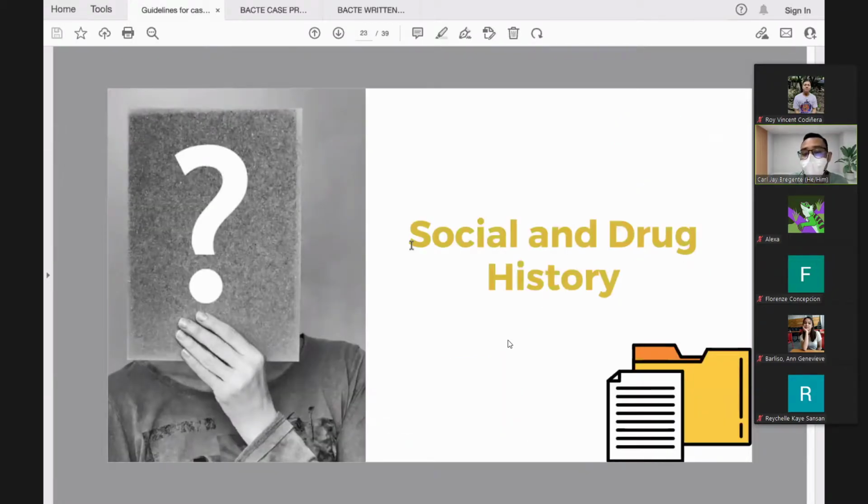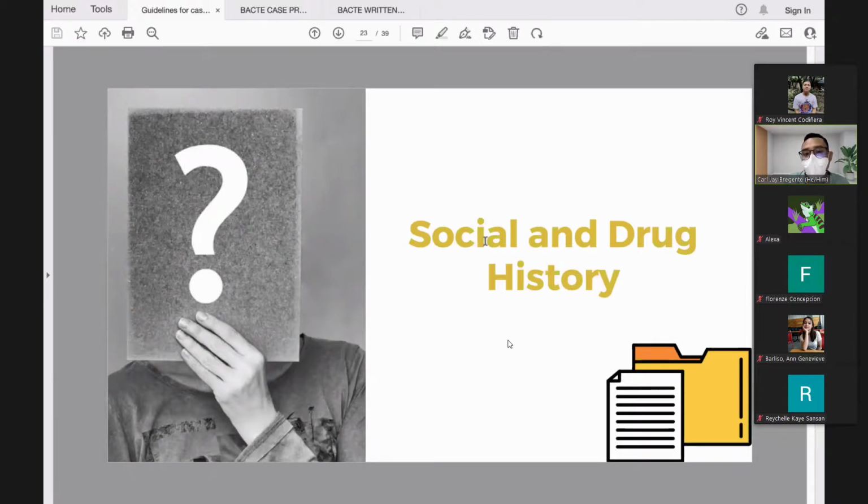Social and drug history. For social and drug history, you write if the patient is a smoker or a social drinker. If a smoker, how many cigarettes is consumed in a week or in a day? For drug history, you write if the patient is taking any drugs or medications, for example, for a certain disease. For example, if the patient has high blood pressure, then the maintenance drug.